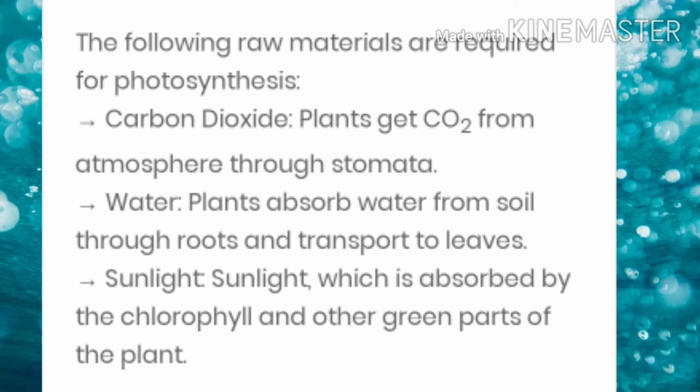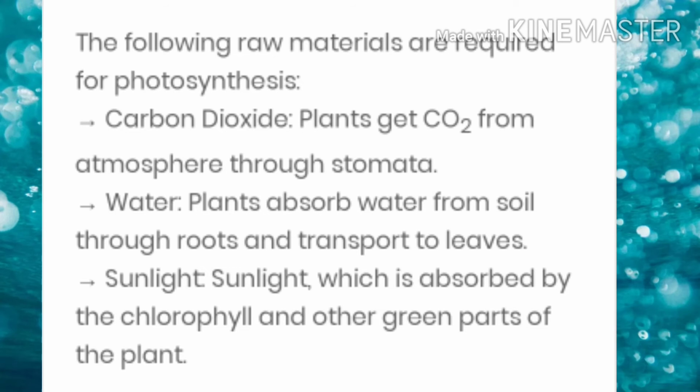And the second material is water. The plants absorb water from the soil through their roots. And water is transported to the leaves by the vessel known as xylem. So xylem transports the water to the leaves from the roots.